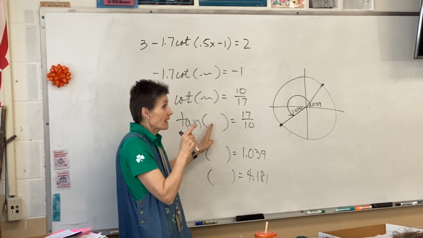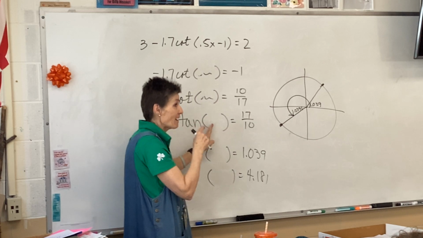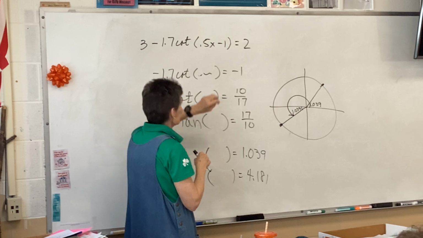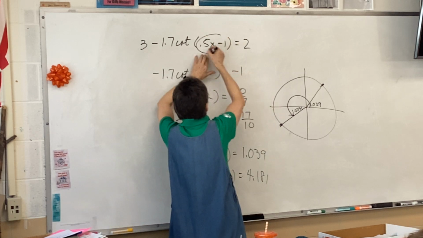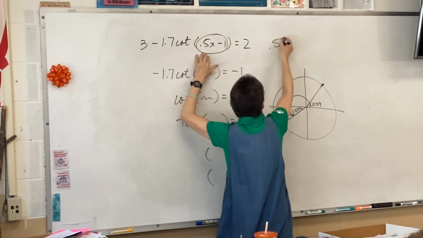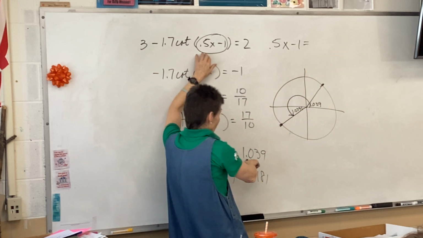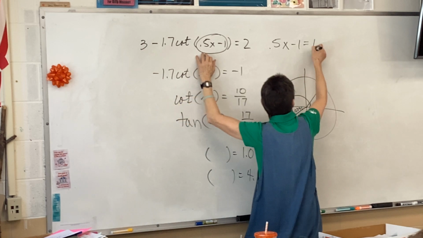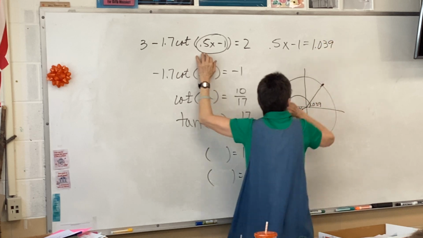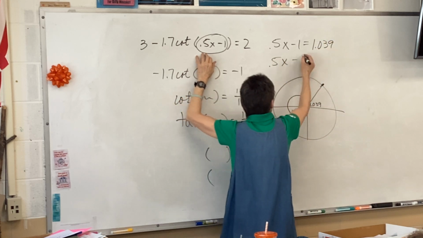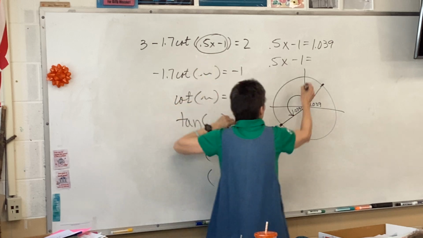Now, I gotta find x. I have found the angle, but I don't know what x is. So whatever is in this parentheses, 0.5x minus 1, it has to equal 1.039, or it has to equal 4.181.